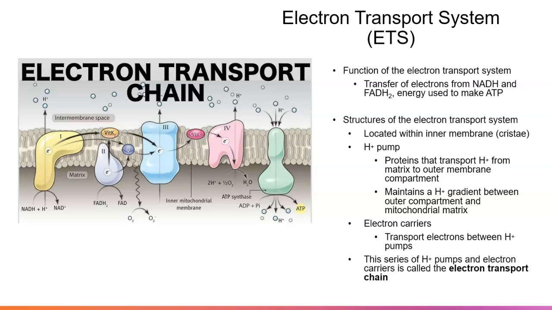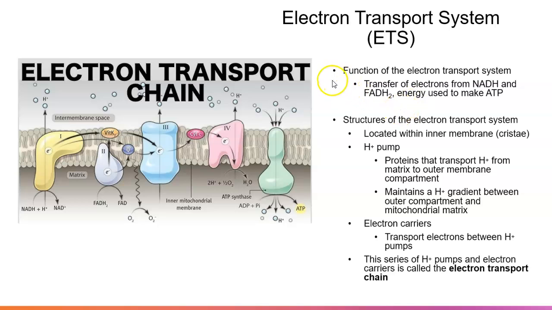So the function of the electron transport system, well, look at the name of it, transport electrons. So it transfers electrons from our carriers, the suitcase, and uses that energy to make ATP.